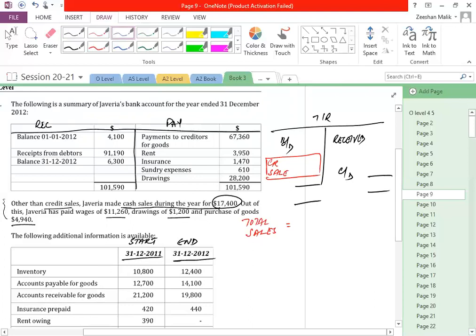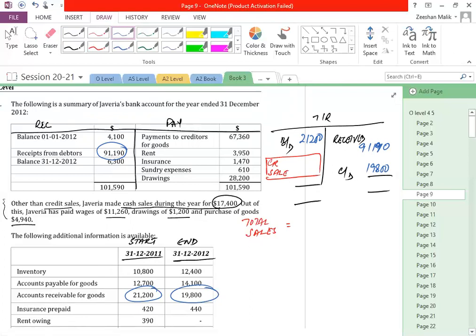First of all, opening and closing balances of receivables: 21,200, 19,800, and amount received from debtors 91,190, right? Now add the debtor side, subtract the shorter side, the answer is 89,790.